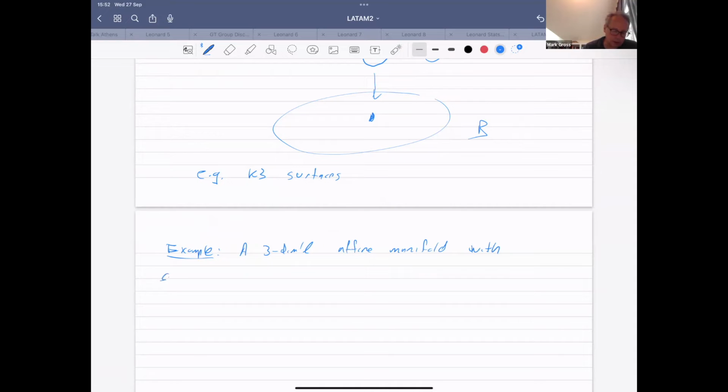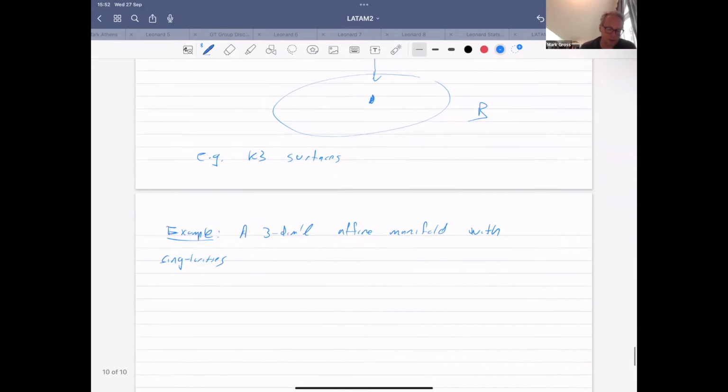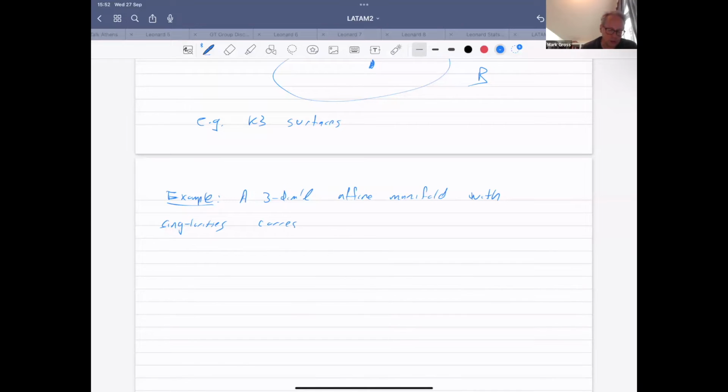So I'm going to allow some locus where the affine structure breaks down. I'll be a little bit more precise in a second. And this is going to correspond to the quintic and its mirror.